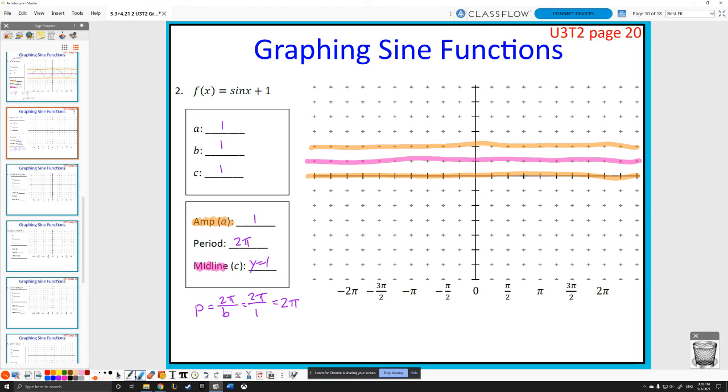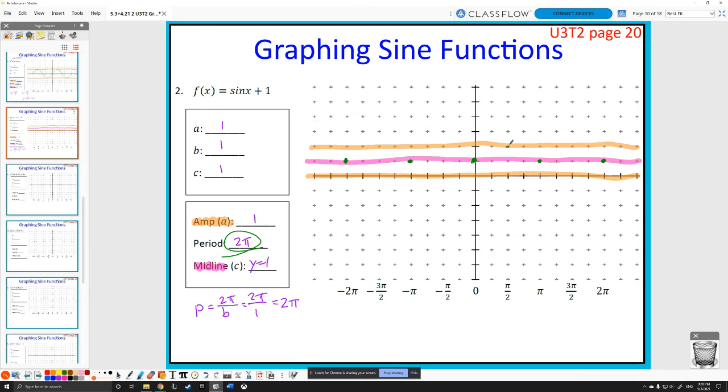Once again, I'm going to start at my midline at 0. So there is my first point. Again, a period of 2 pi means I end here. Now I could also start with this negative side. If this is the end, then the beginning must be negative 2 pi. And then in the middle, I also have my midline, same thing here.